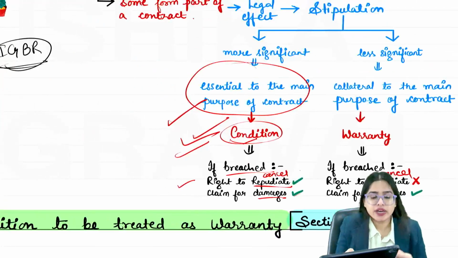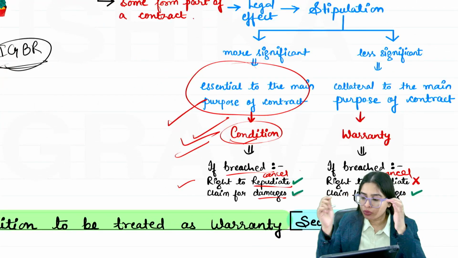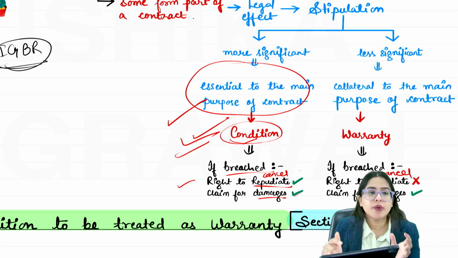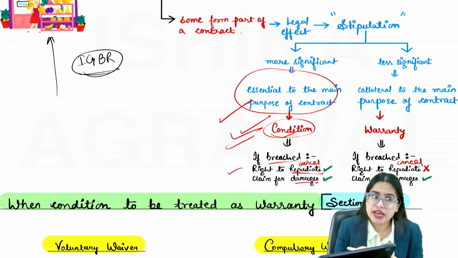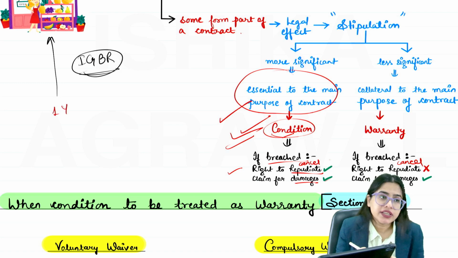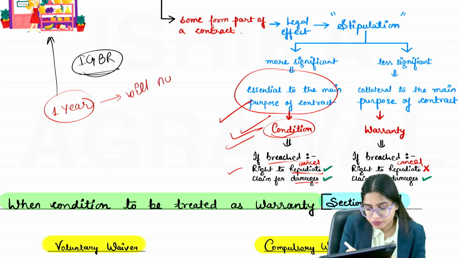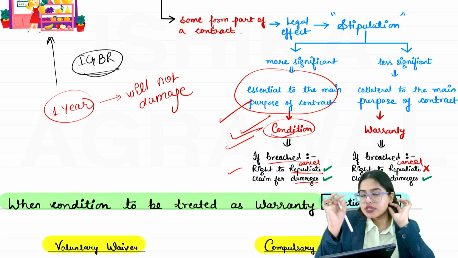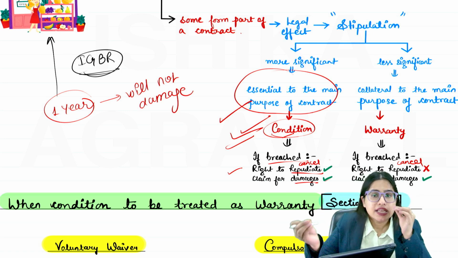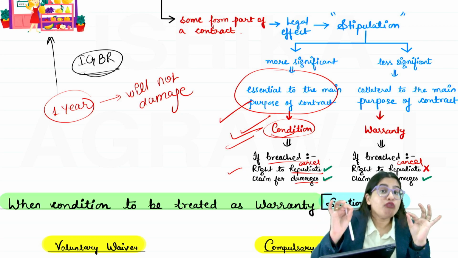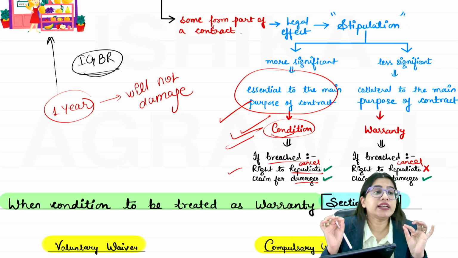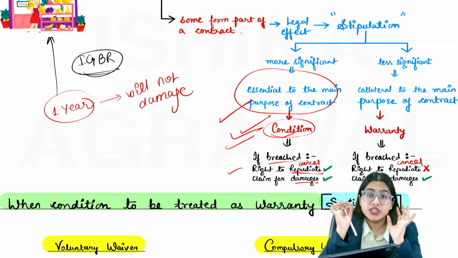I'll explain to you. Let's say I purchase earphones. The seller said that for 1 year, these earphones will not get damaged. Listen very carefully. This earphone will work for at least 1 year.